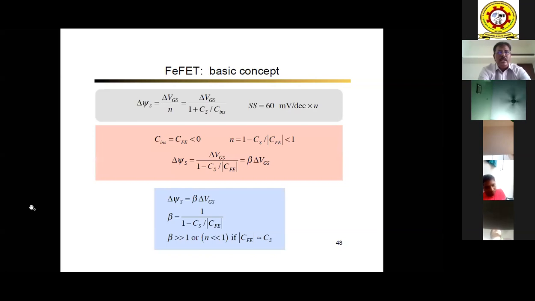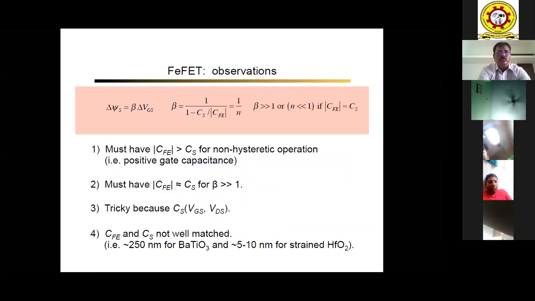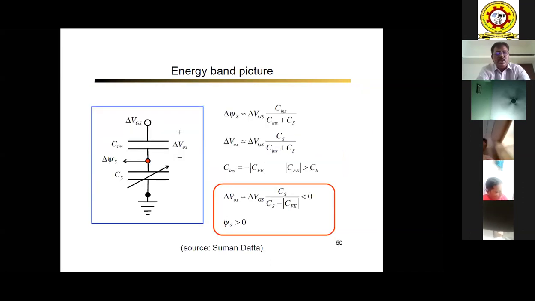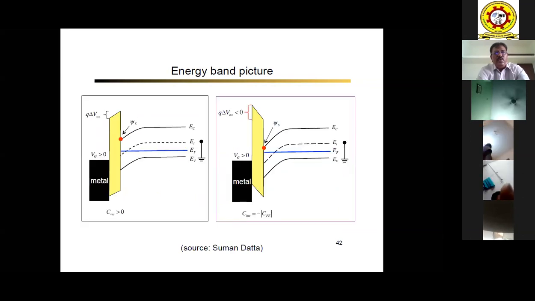And the observations are also shown here. And the energy band structure for ferroelectric materials. This is where we can see a negative capacitance. Okay, this one, if anyone is interested in this line, they can actually write to me.